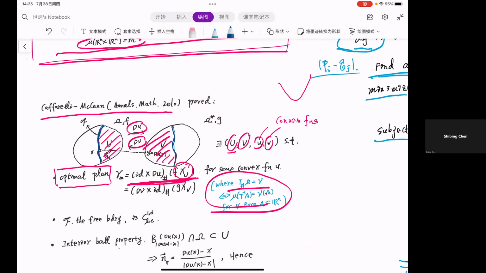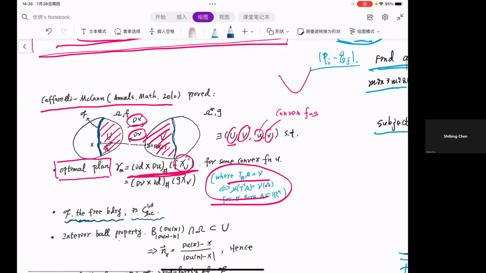We call this hypersurface separating the still mass and the moving mass the free boundary. Caffarelli and McCann proved some regularity of this free boundary. They proved that this free boundary is locally C^{1,alpha}: in the interior of the domain, the free boundary is a C^{1,alpha} hypersurface.